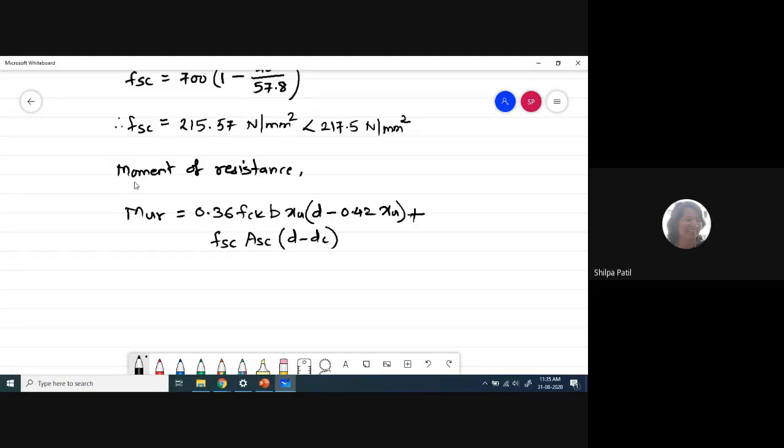Correct. So put all the values here. 0.36 into FCK is 20, into B is 300, into XU is the latest value of XU we have to consider for the calculation, that is 57.8, into bracket D is 300 minus 0.42 into 57.8.